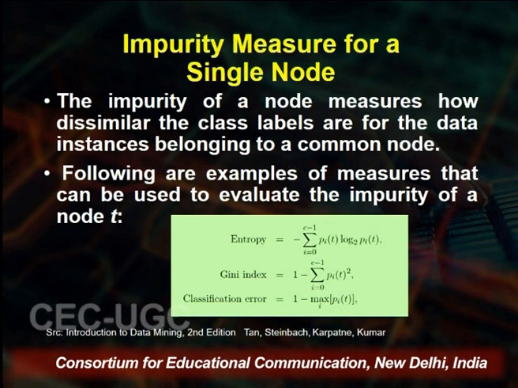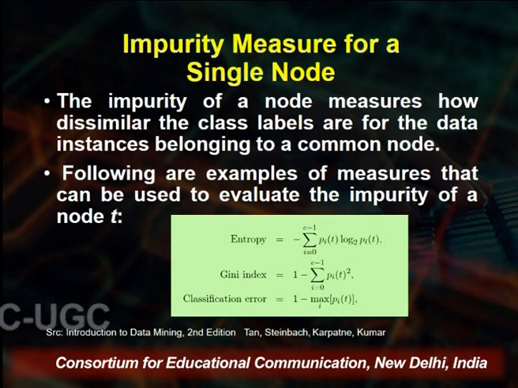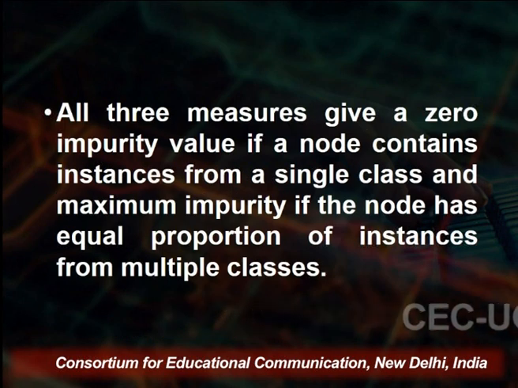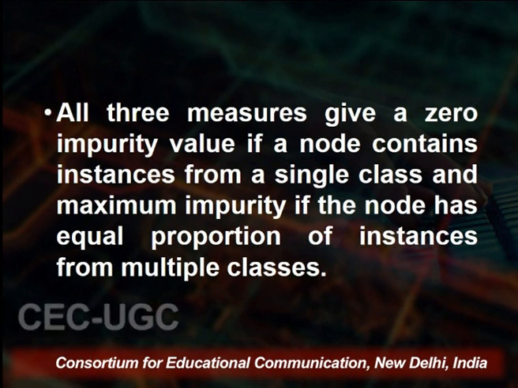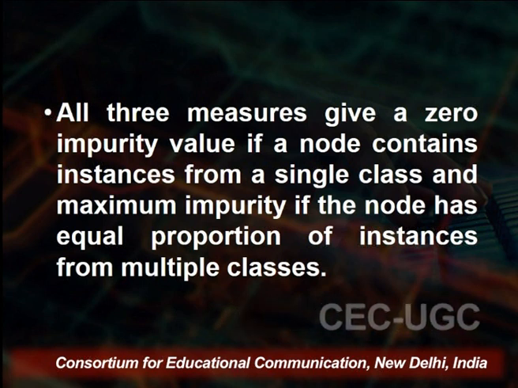The formulas are given here. We do not go into the details of how these formulas are derived, as that is not in the scope of this course. All these three measures, whether it is the error or the GINI index, give a zero impurity value if a node contains instances from a single class.